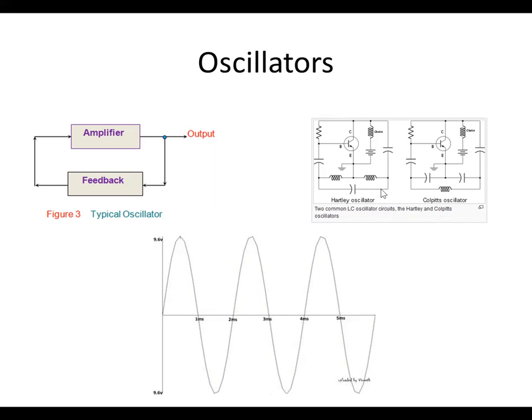Two of the basic oscillator circuits that have been around for a long time, that you may hear reference to, are the Hartley oscillator and the Colpitts oscillator. You can see they have a transistor with some reactive components, inductors and capacitors. If you remember when we talked about reactance, the big thing with capacitors and inductors is that they don't really dissipate energy.